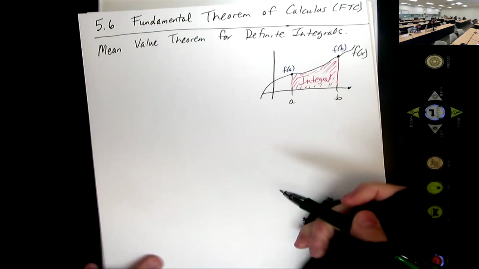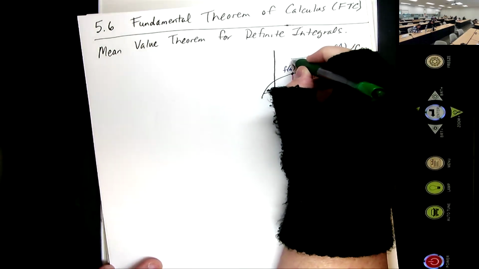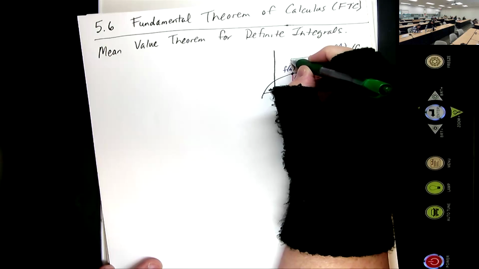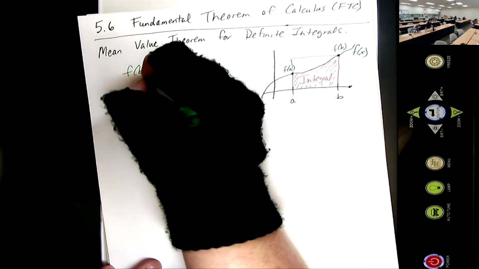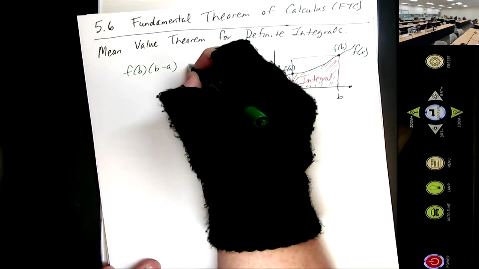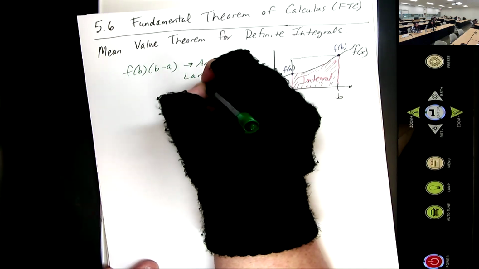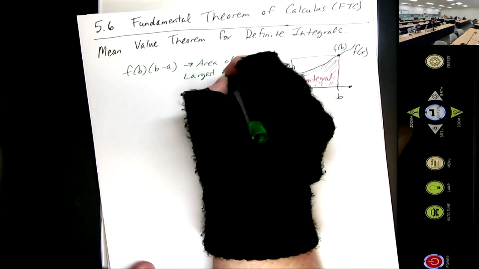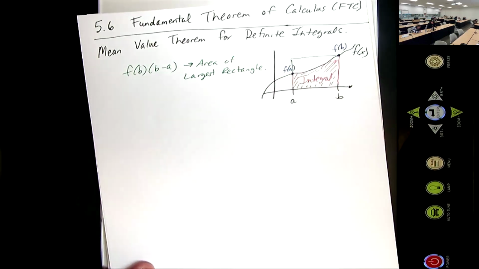If we just looked at the area using f of b, f of b times b minus a is the area of the largest rectangle, and that has too much, right?